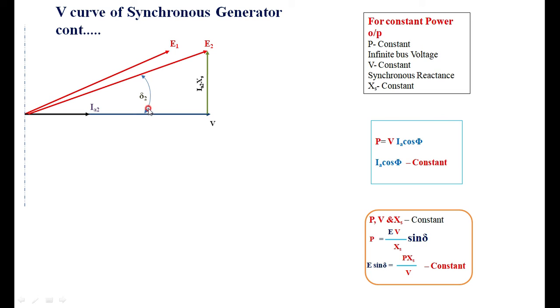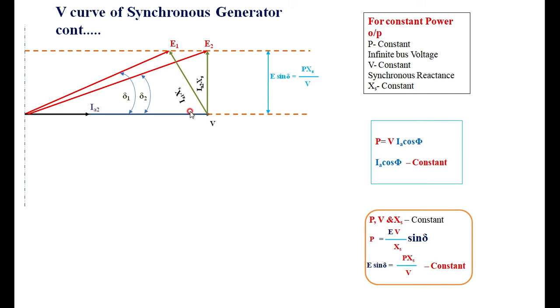Then how to get the generated voltage from the terminal voltage? You have to add IAXs to V so that I get the value of E1. For the corresponding value of E1, my IAXs is I1 X1, which is this value added to V. If you add this, what I get is E1.